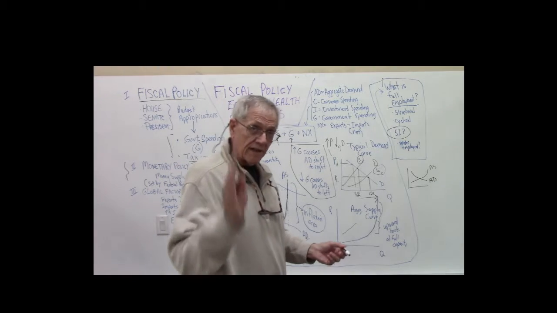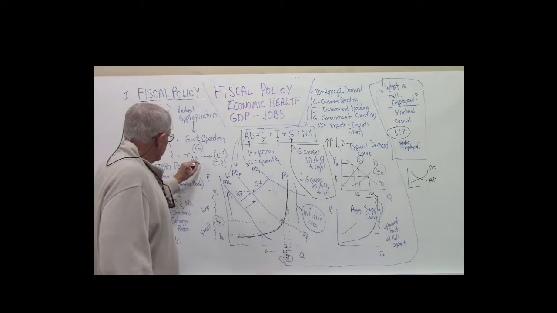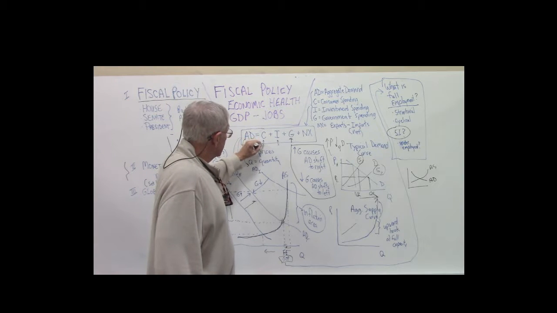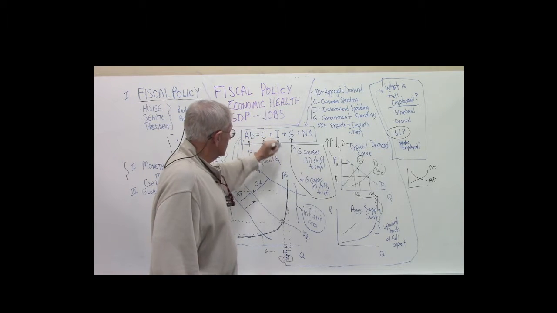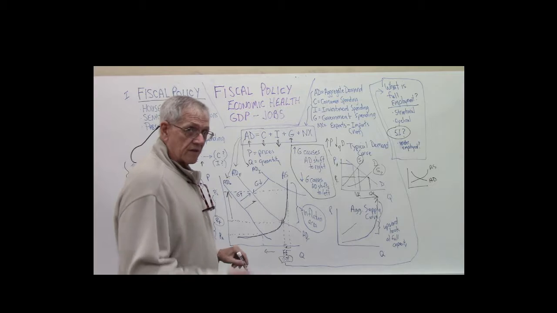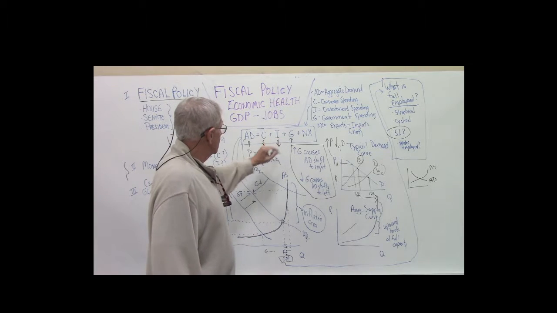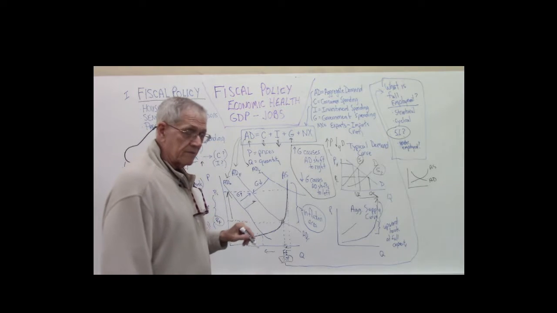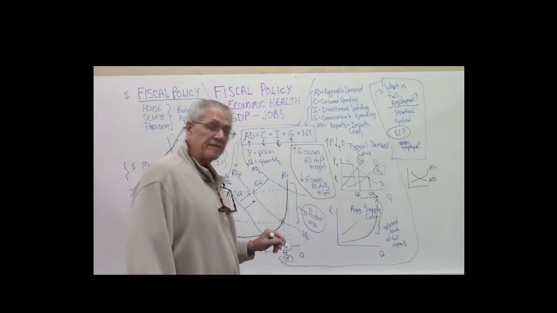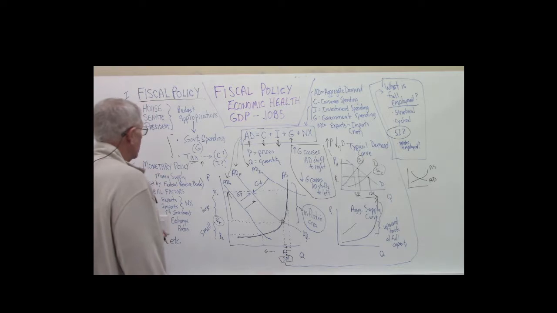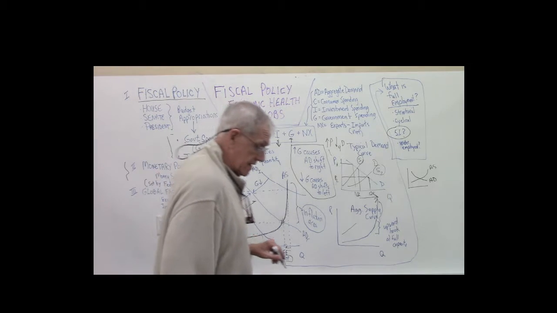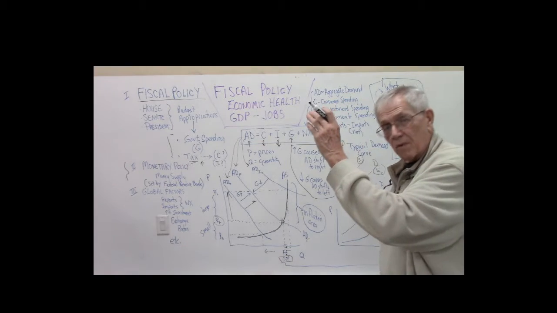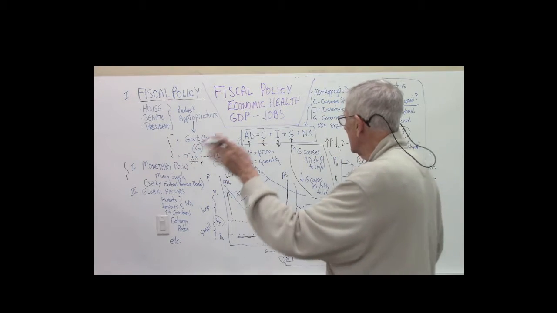Now, of course, if you have lots of government spending, the problem is you've got to collect taxes, and that may decrease that, and it may decrease that. And this is usually the conservative view, that too much of this causes problems over here, and then you have problems with a huge federal deficit, and all of a sudden you're having to borrow a lot of money, which requires interest payments in the future.